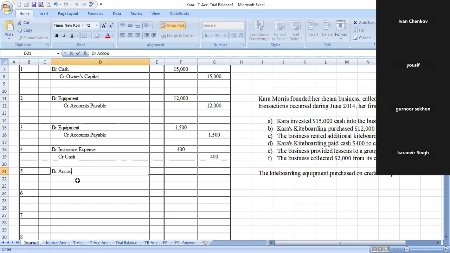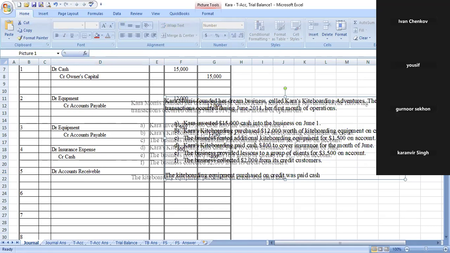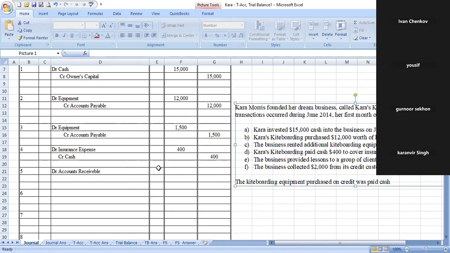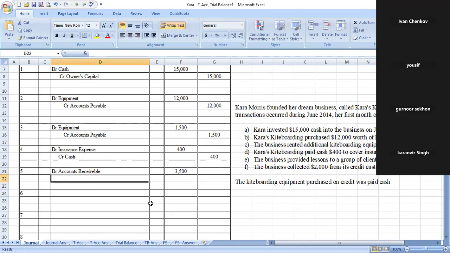Accounts receivable. And how much will that be? $3,500. Credit. Which account are we gonna credit? Revenue, or sales revenue, whatever you want to call it. $3,500. And we're done with this.